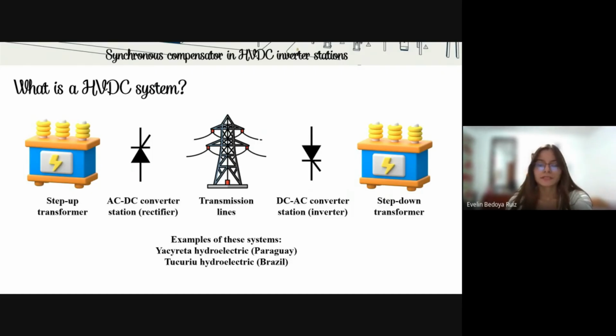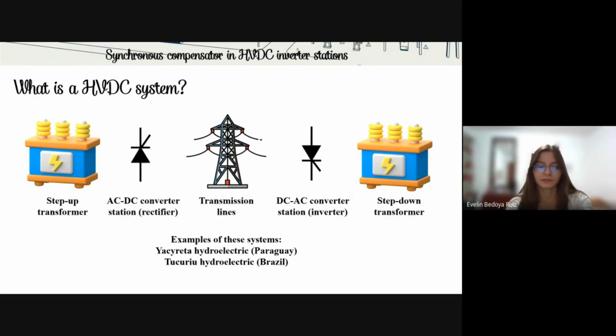A high voltage direct current system is used in the transmission of large amounts of electricity over long distances, and its operation basically consists, as we can see in this figure, of a step-up transformer that will elevate the voltage, because we are talking about high voltages.